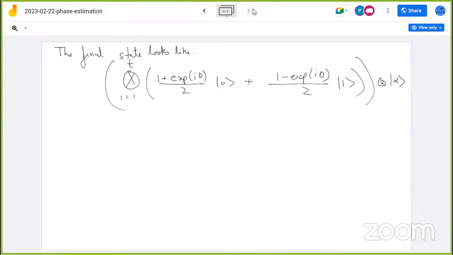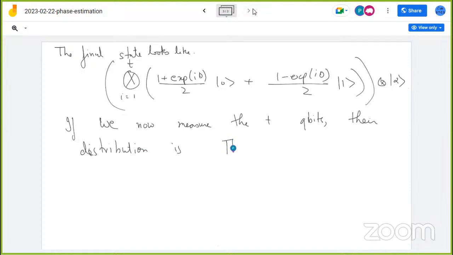So if we now measure all the qubits, their distribution is the product of Bernoulli of this 1 plus cosine theta by 2. Actually 1 minus cosine theta by 2. That just means that there are t bits I'm going to get, all of them independent, and for each one the probability of getting one is 1 minus cosine theta by 2.